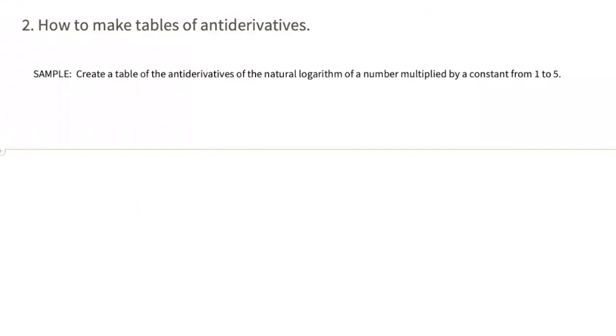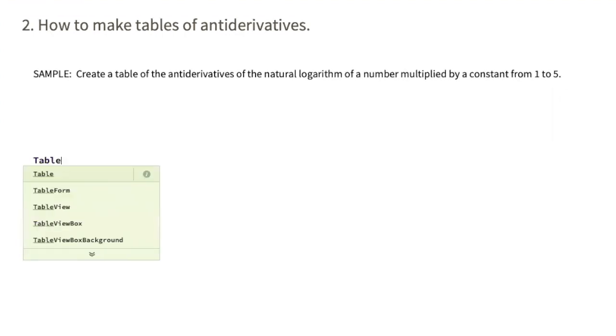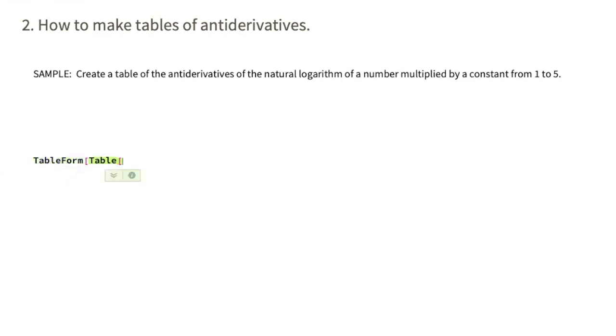Right, in this next sample, you're just going to make a table of the antiderivatives for the natural logarithm of a number multiplied by a constant from 1 to 5. Because we're making a table, we're going to use the TableForm command to make it look like a table, then put in Table. We're going to put in the columns that we want to have. So I want to have the natural log of a number multiplied by a constant.